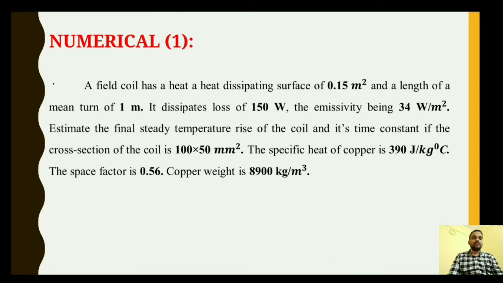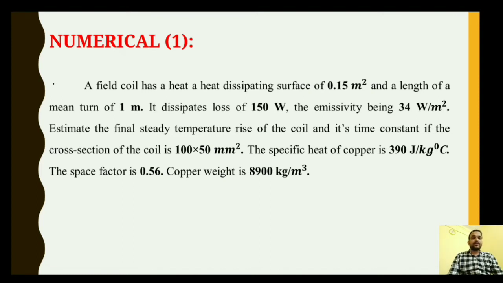As I told you in the previous lecture, the emissivity represents the specific heat dissipation, which is represented by lambda, and the lambda value is given as 34 watt per meter square. Estimate the final steady temperature rise means we have to calculate the value of theta. The value of theta can be calculated by considering several formulas we have learned in the previous lecture.